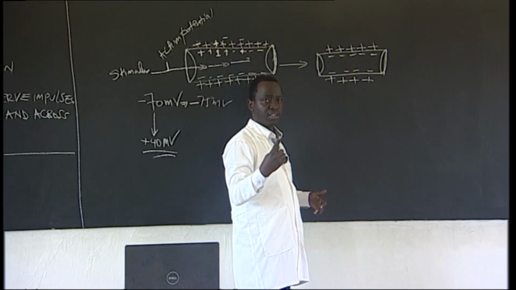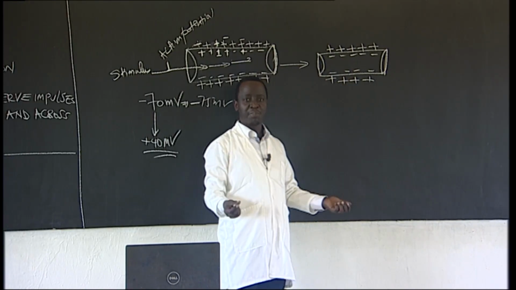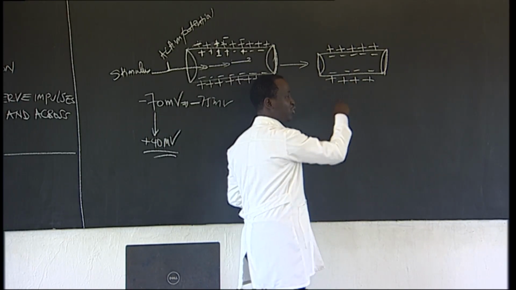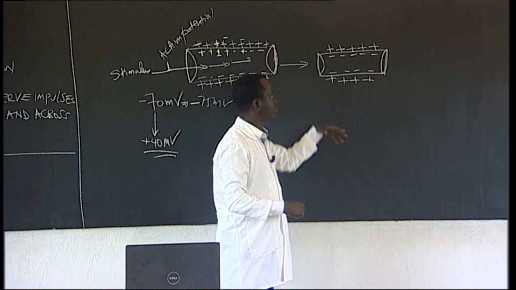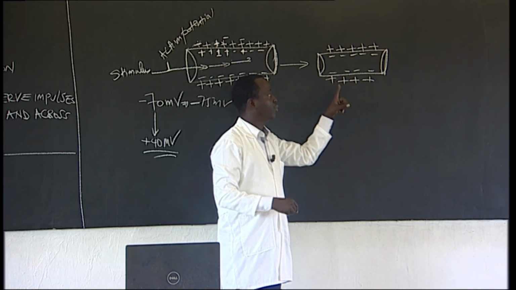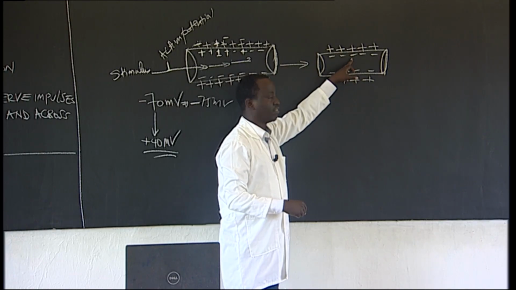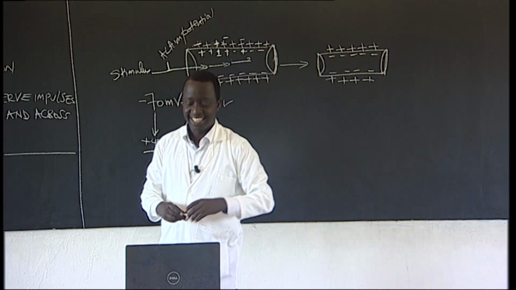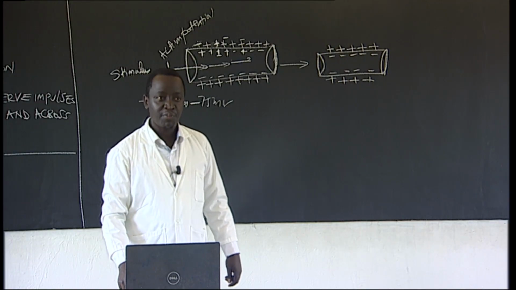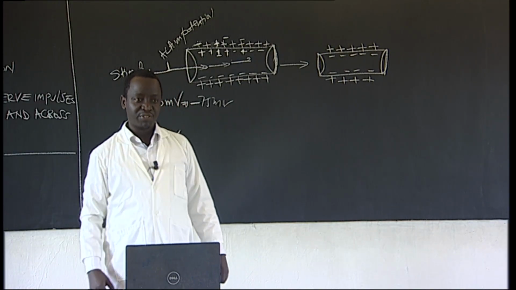To the next one. So then finally, when the message is passing, this has also to become polarized again, where we have more positive outside, and inside we have what? We have the negative, outside positive. So are you getting something? Nice. So this is what we have talked about.